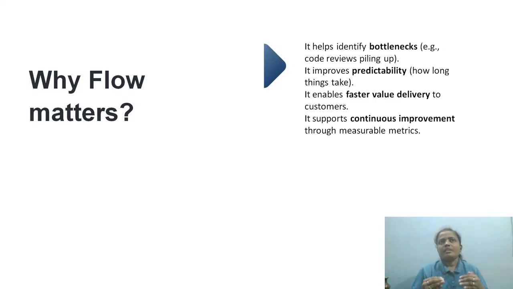So, what is the time we are investing? That prediction we can make easily if we are able to have these kinds of flow metrics in our system. And as I mentioned, if flow is healthy, then you can make the value delivery much quicker, faster value delivery. That's what we all need, right?